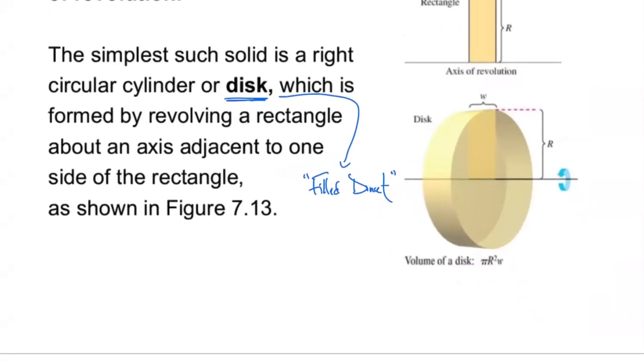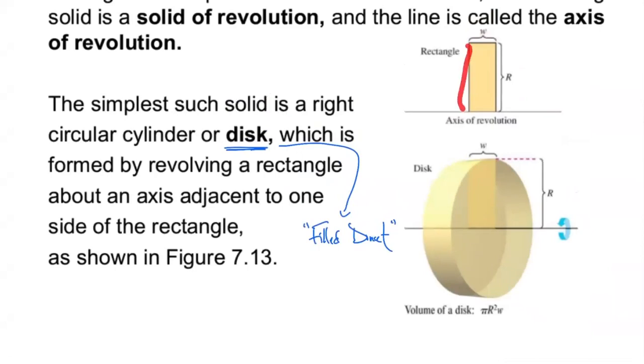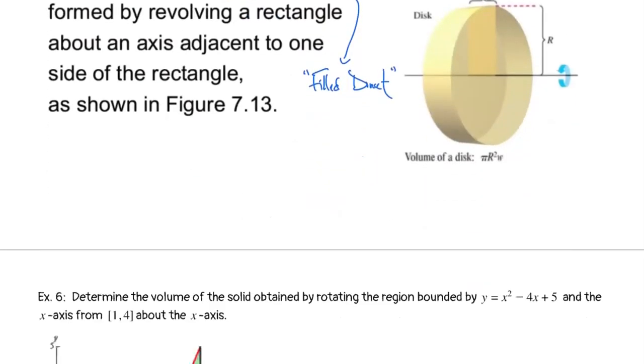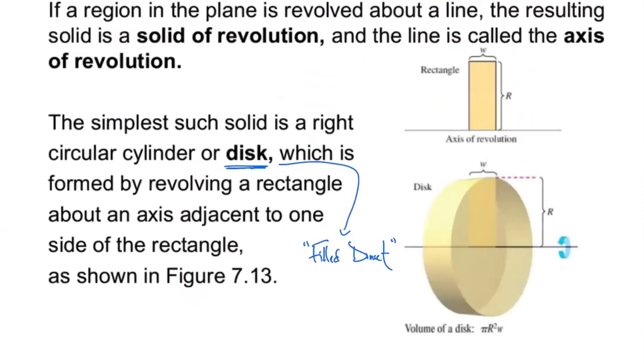Now, let's imagine that we took all those super skinny rectangles from when we were finding area, and we took every single skinny rectangle and revolved it around the x-axis or whatever that axis of revolution is. You would end up with a bunch of circles, and you would be able to add them all up together to find the volume.